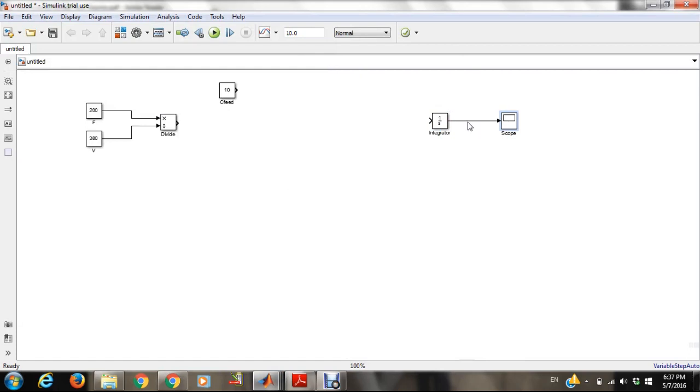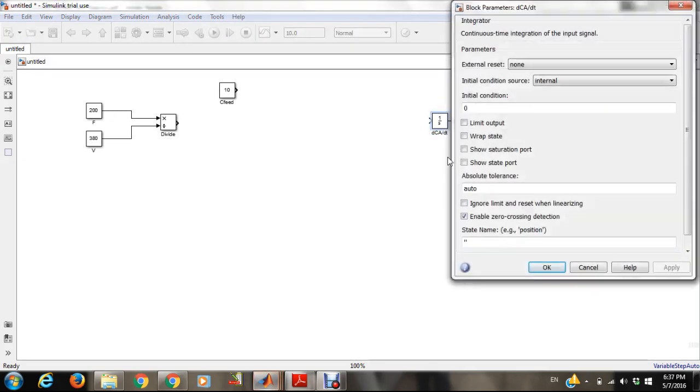So I'm going to call this CA. Okay, and the integrator to be dCA over dt. The initial condition of the concentration is going to be entered here. It is equal to 100.